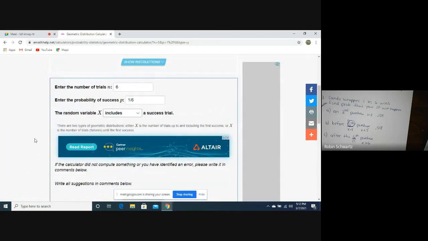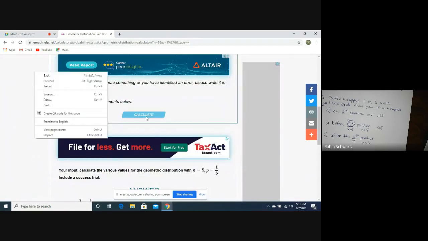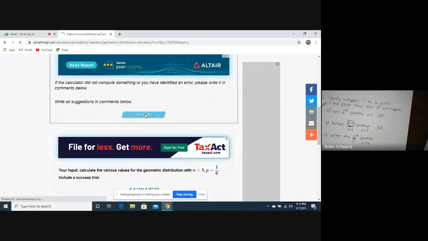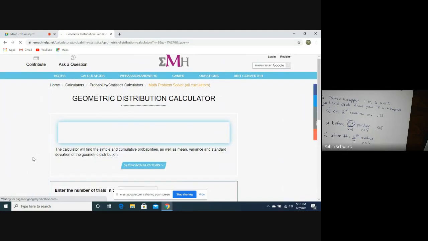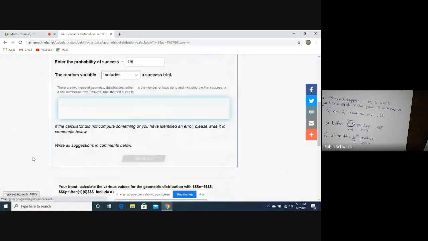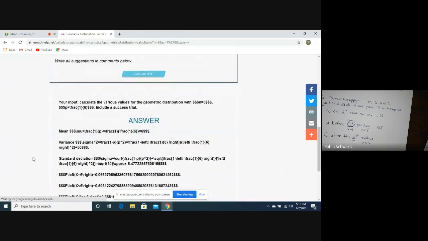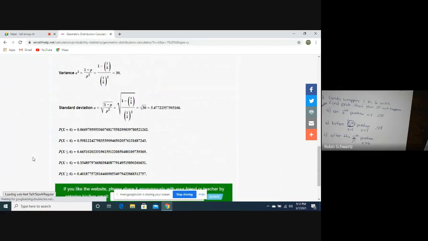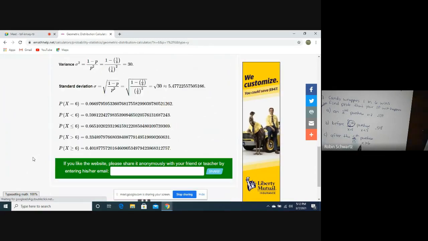Keep that 1/6. Calculate. Scroll down. And we want the greater than 6 one. And that's the 4th one down, 0.335. And that's how you use the technology to do these very quickly.